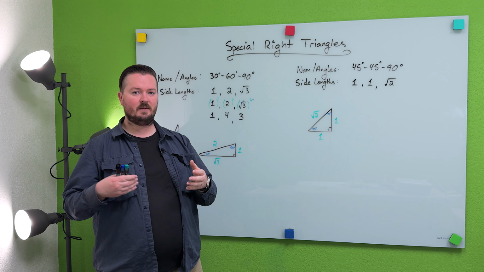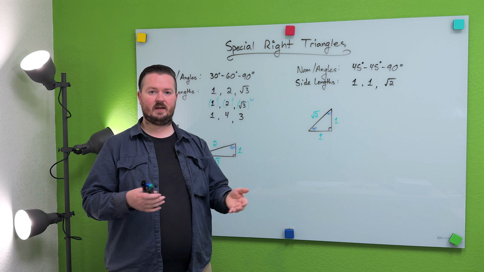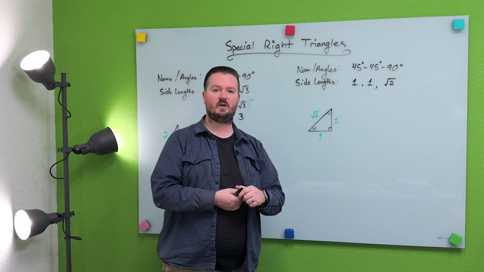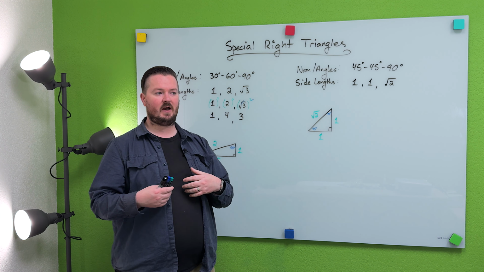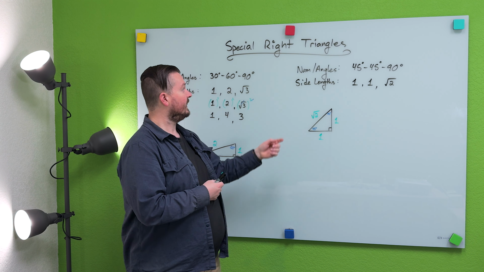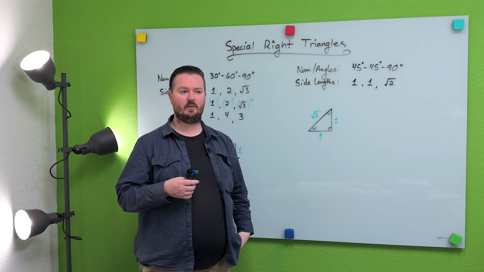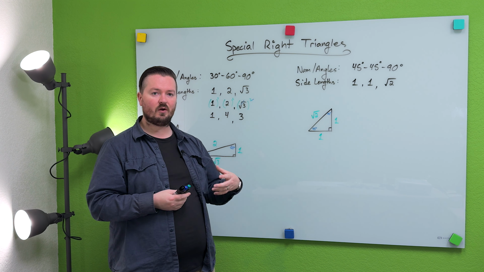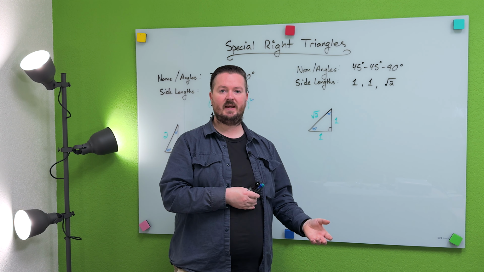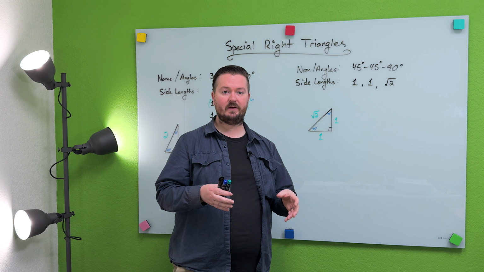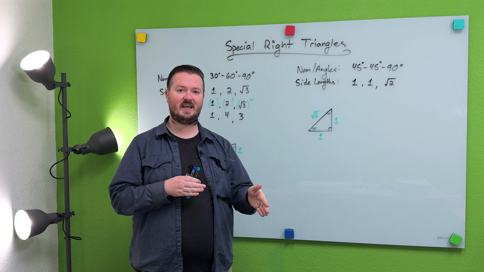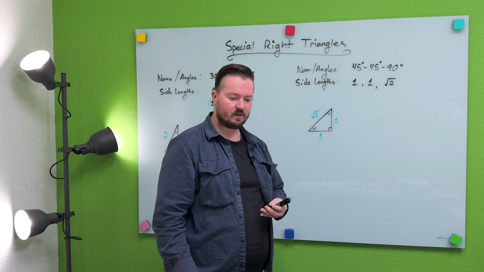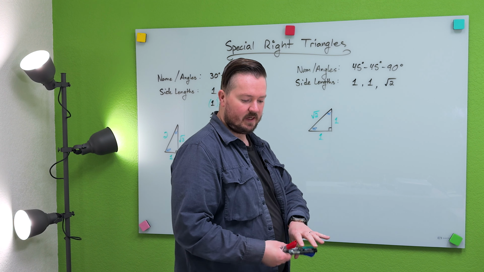One direction is, say you have two sides of a right triangle and you want to find the third side. You can use the Pythagorean theorem to find that third side of a right triangle. But here, something that you may or may not have thought of is you can also use the Pythagorean theorem to verify if the side lengths that you have do in fact work on a right triangle. So I'll go ahead and just show you really fast here, and then we'll call it a day.